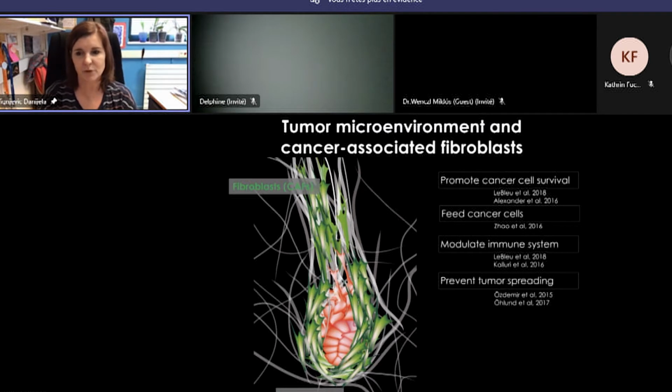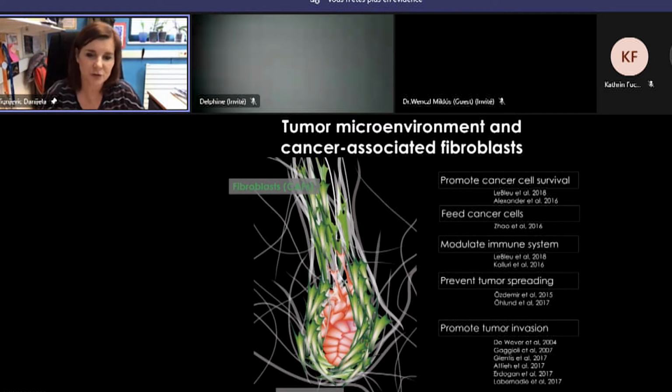In some cases they are reported to oppose tumor spreading and metastasis, and in many other instances they are shown to promote tumor invasion, either by directly influencing cancer cell spreading, by pulling the cancer cells or leading their invasion, or indirectly by remodeling the extracellular matrix, forming kind of roads that cancer cells will follow. So this is what I'm going to tell you about, this dual role of the fibroblast in cancer progression.